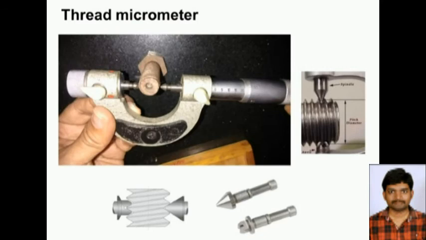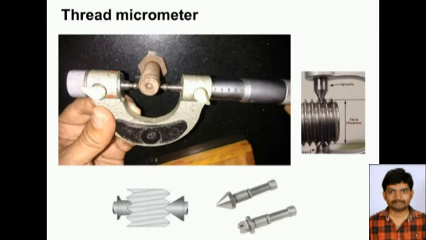Here we have a hollow anvil and spindle. Depending upon the pitch of the screw thread, we can select the appropriate anvil and insert it, and we can get the effective diameter directly by using this thread micrometer.